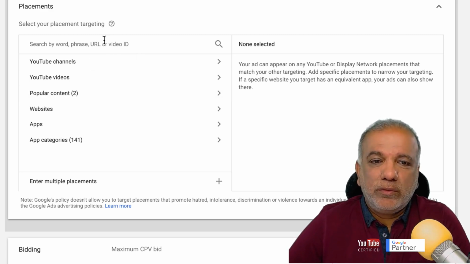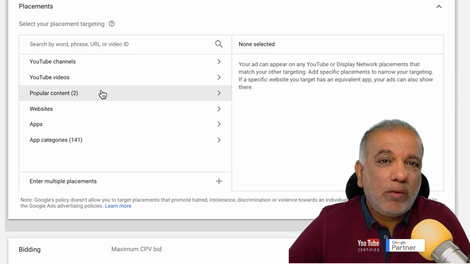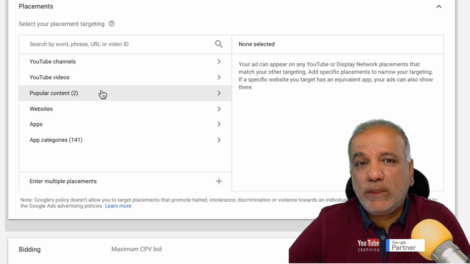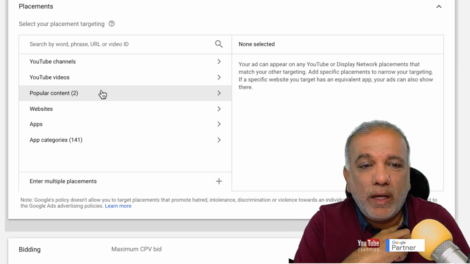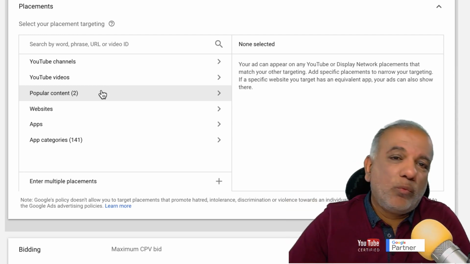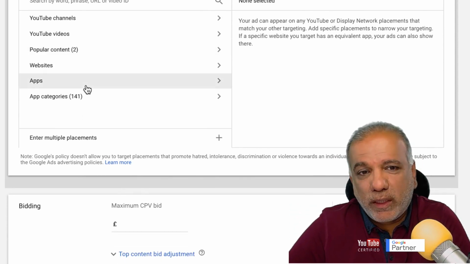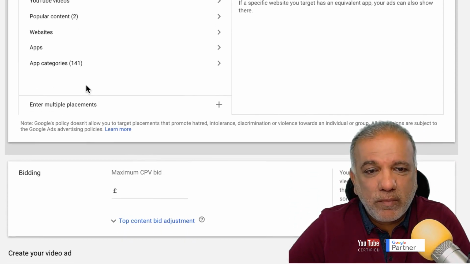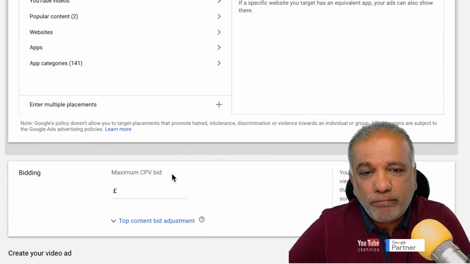So you need to test it and have a campaign which is fishing out and hunting for new views, and then the winning placements you can keep in one ad group and run your campaigns through targeting just the placements.